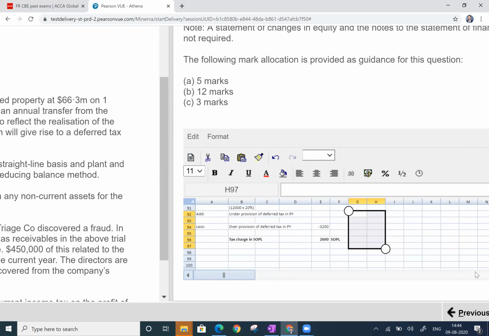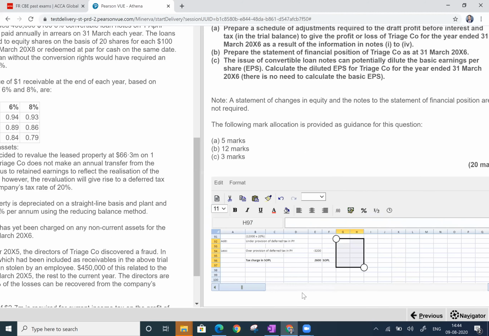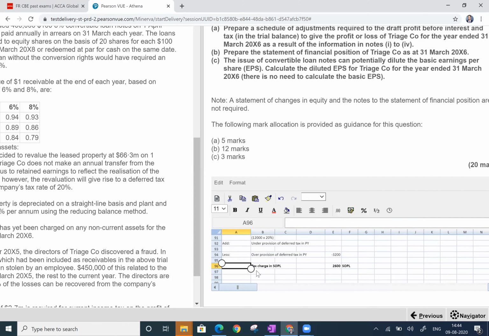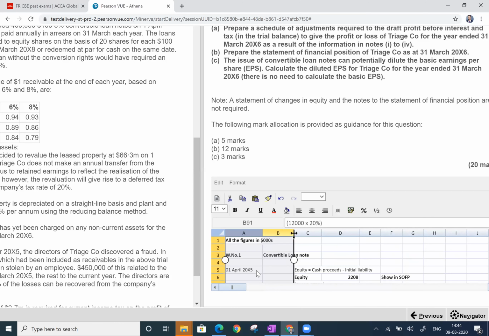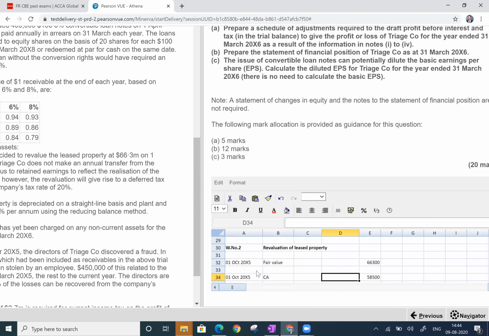Just give me a minute. Now we are going to prepare the adjusted profit and loss account.